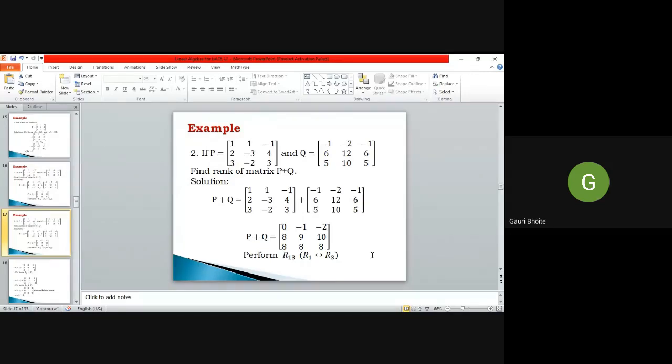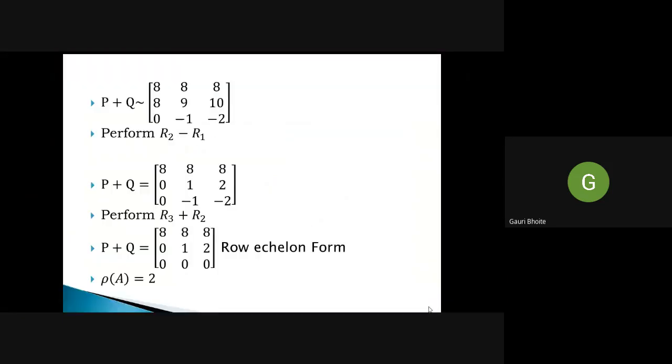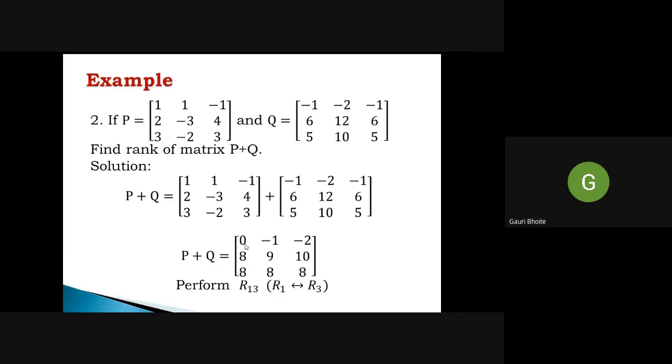So let us see how we reduce the matrix into row echelon form. We know P plus Q from the previous one is 0, minus 1, minus 2; 8, 9, 10; 8, 8, 8. The first entry here is 0, so I change the row.